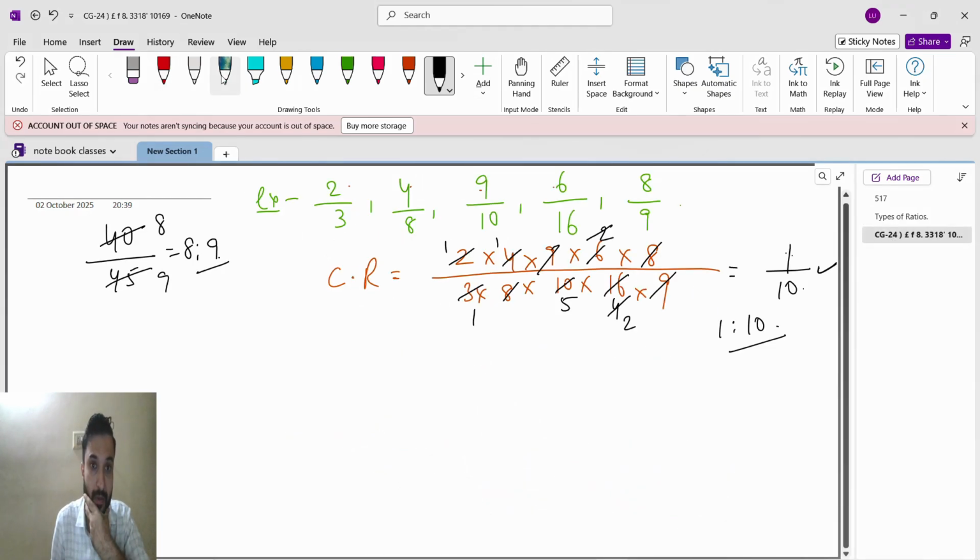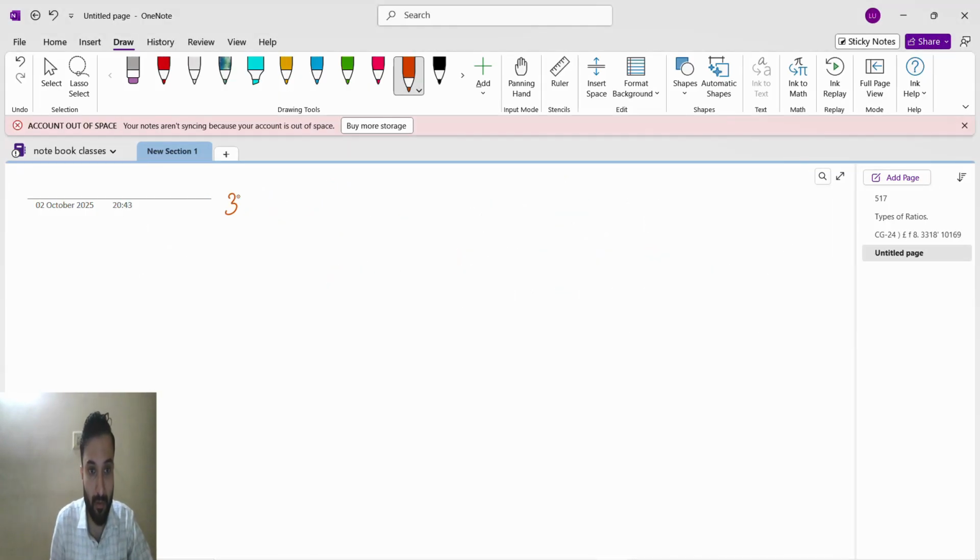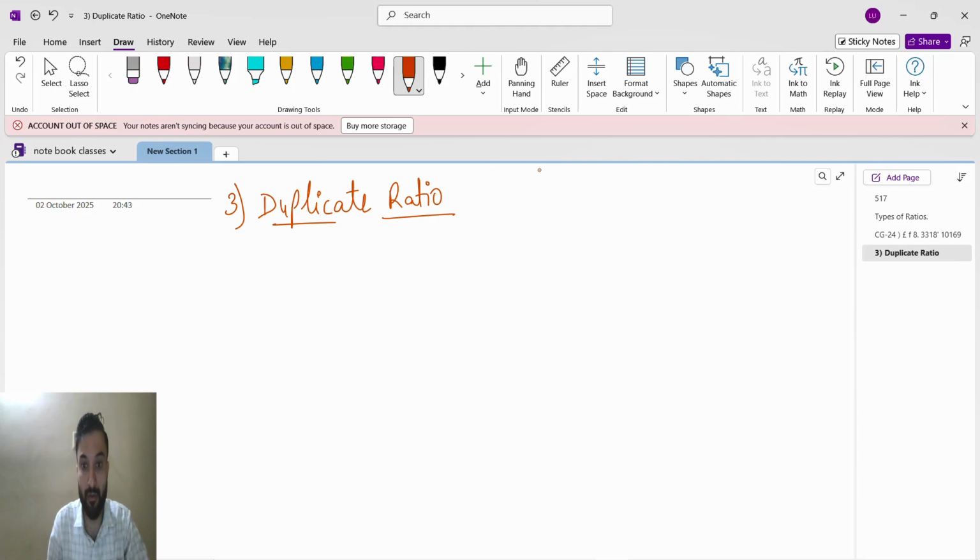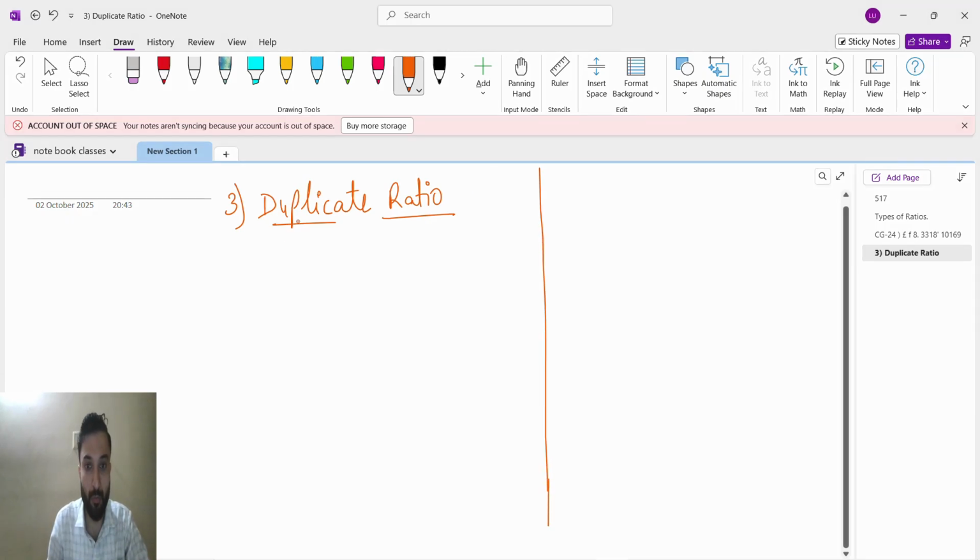Now another very important thing, first and second are done. Now guys, I will write down here. Third is the duplicate ratio. Now this is very important, guys, understand. Fourth is the subduplicate ratio.